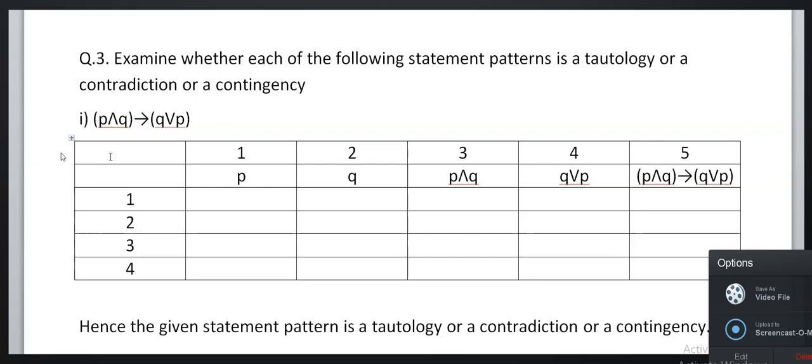Now first is P and Q implies Q or P. That is, first we find P and Q, then their OR, and then their implication. That is, the 3rd implies the 4th.